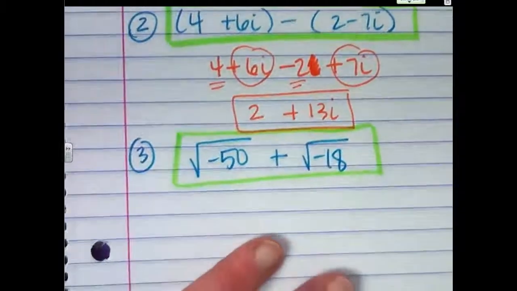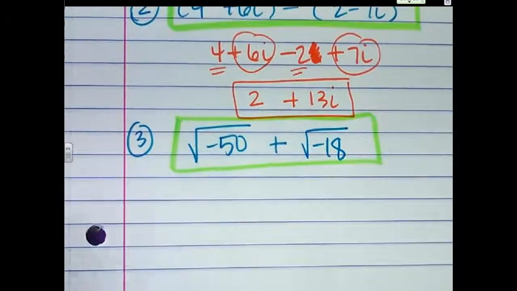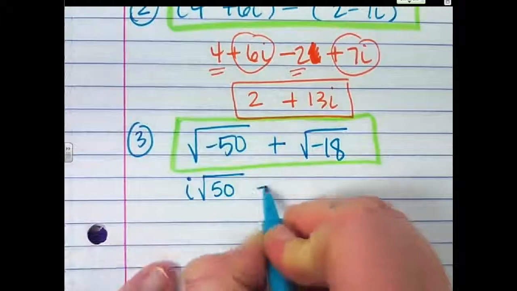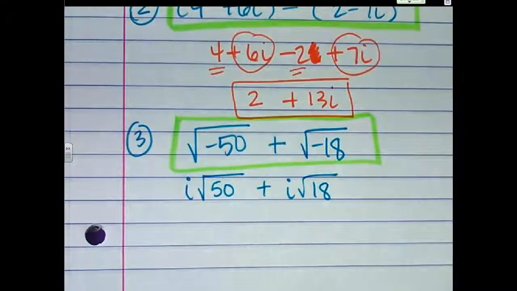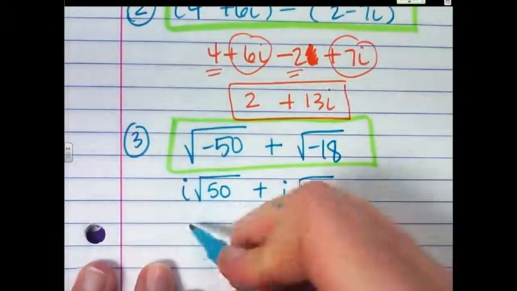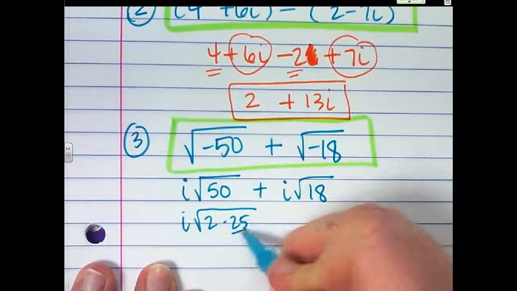What would you do on something like this one? Pull the i's out first. So I squared 50 plus I squared 18. Can I add these together? No. What do I have to do? Yeah, break them up. So this is 2 times 25.